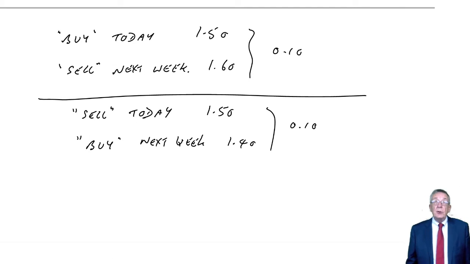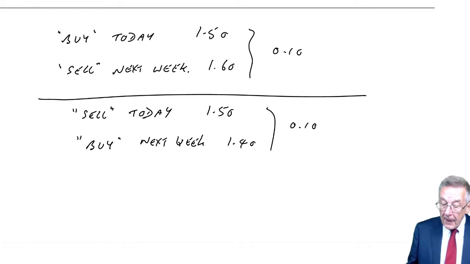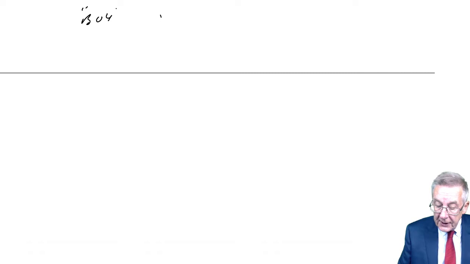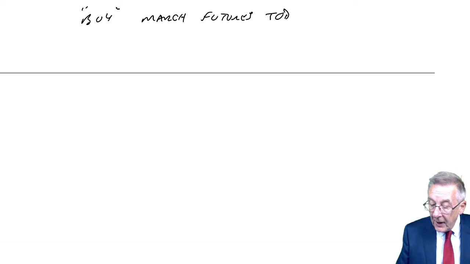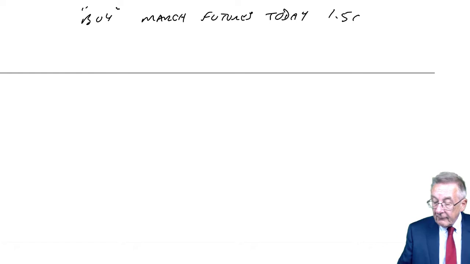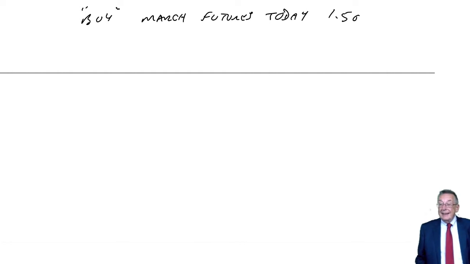One last thing before I do put some numbers to it and hopefully make sense of it all. Just suppose I buy March futures today, and the price today is $1.50. And I buy because I think the price is going to go up and I'll make a profit.